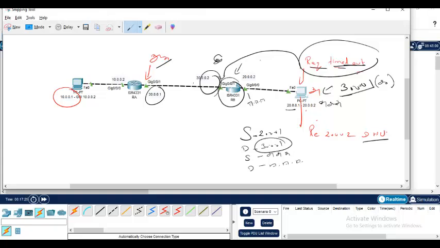It says my MAC address is this, and this MAC address is that. So when B is sending the packet to router A, it puts the source address and destination address and sends to this guy. So as you all predicted, yes, the packet goes here, but the ping is not happening. Why?